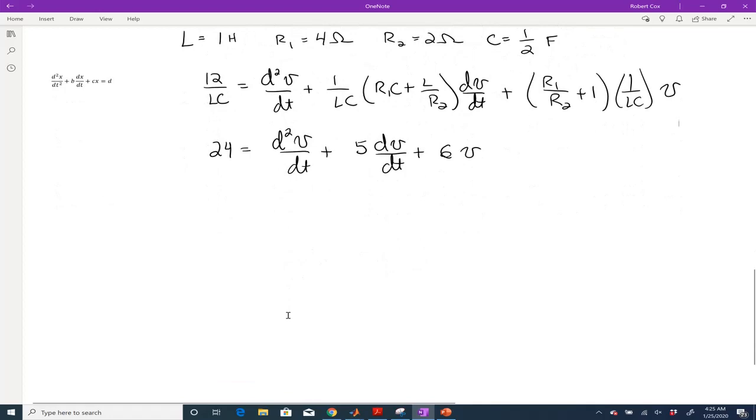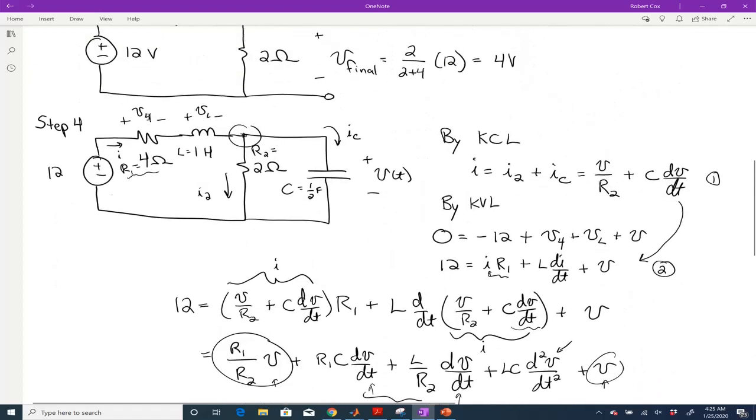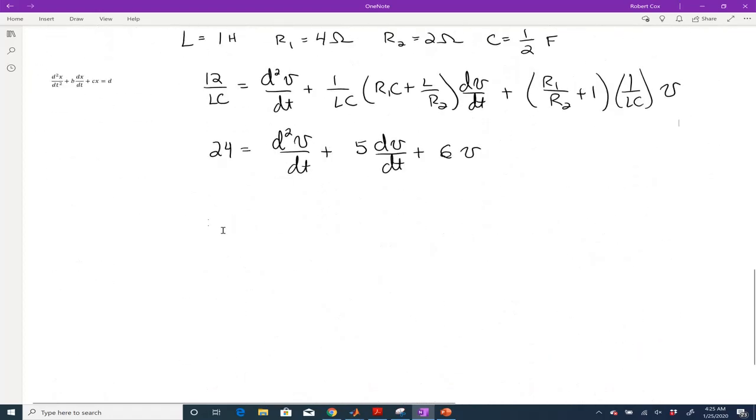So at this point I've got my differential equation, so I've done step 4. Now I get to step 5, which is to solve the differential equation.